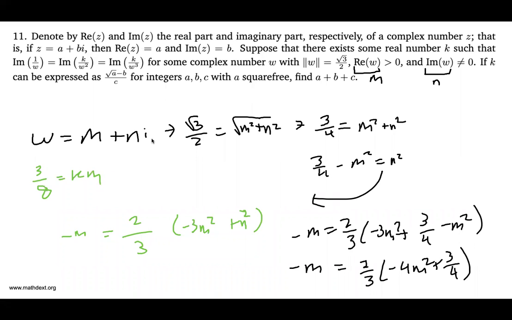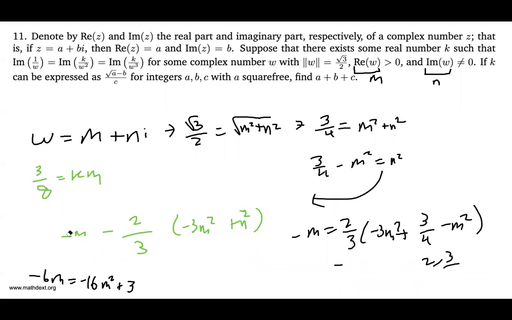After that, what can we say? We can actually just solve for m right now. So let's multiply everything by 6 to make things easier for ourselves. So negative 6m is equal to negative 16m squared plus 3.